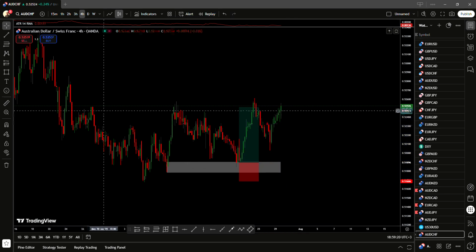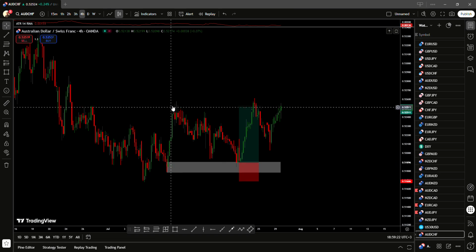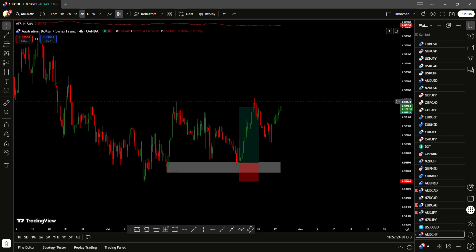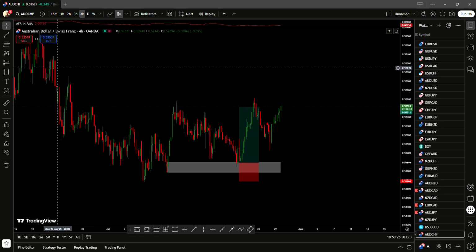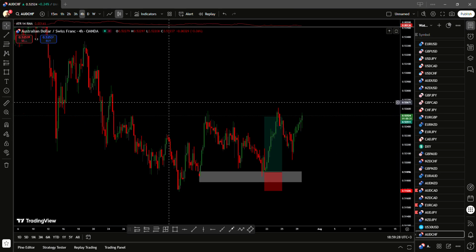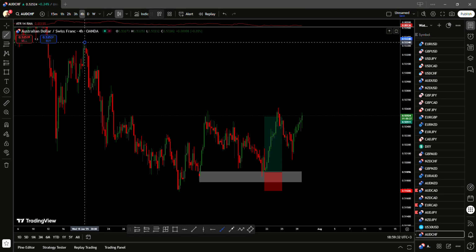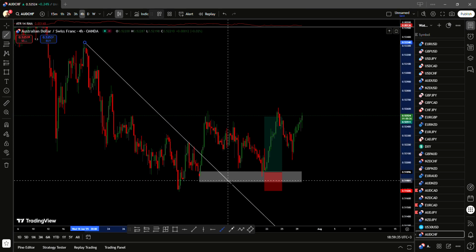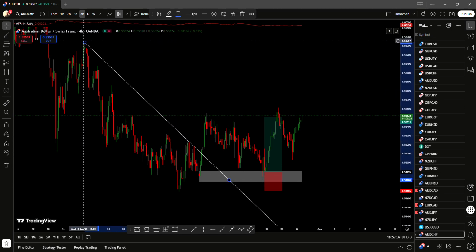So how did the trade come up? We took a break of structure here, then a nice move away, and then there was a trend line that was removed. If I can just draw that trend line here from up to the bottom, I think I can use this one.